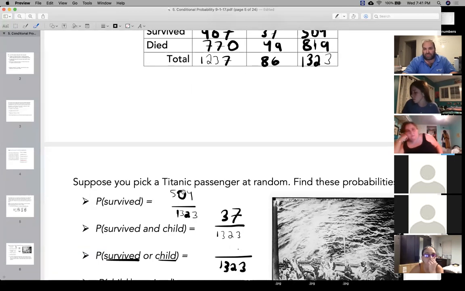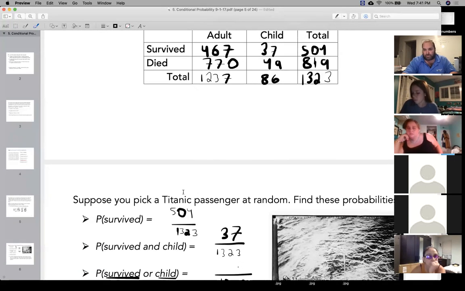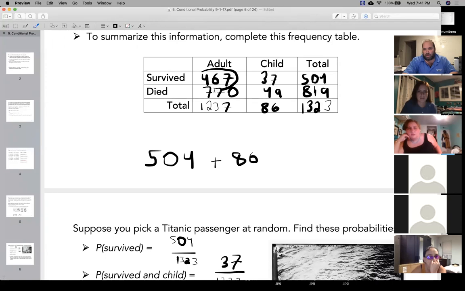So, survived. How many people survived? 504. How many were children? 86. Now, let's see where these numbers came from. It was this one and this one, which made 504.